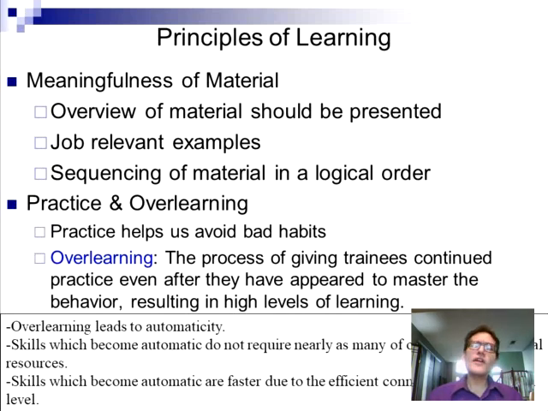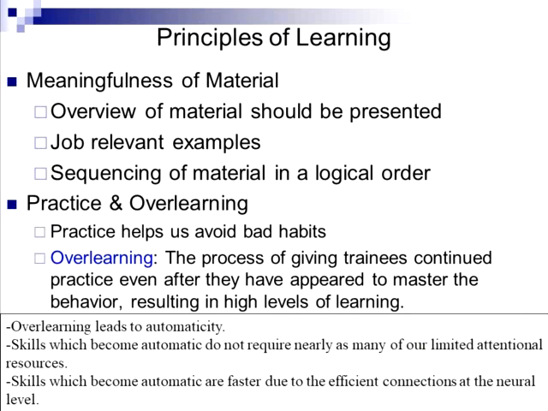Okay? Overlearning, and again, oh my God, this is Hermann Ebbinghaus, okay? Overlearning, that is, even once you have learned the material, you practice it and you practice it and you practice it. And basically what happens with overlearning is overlearning leads to automaticity.